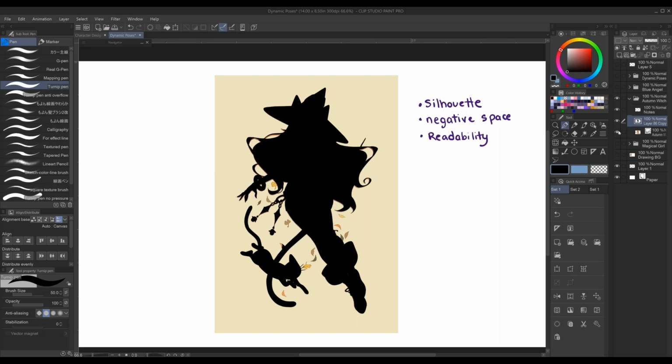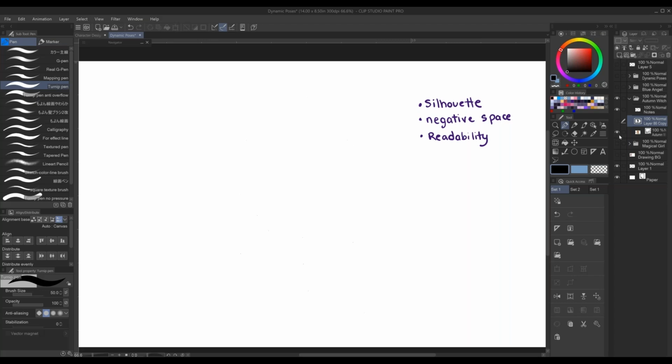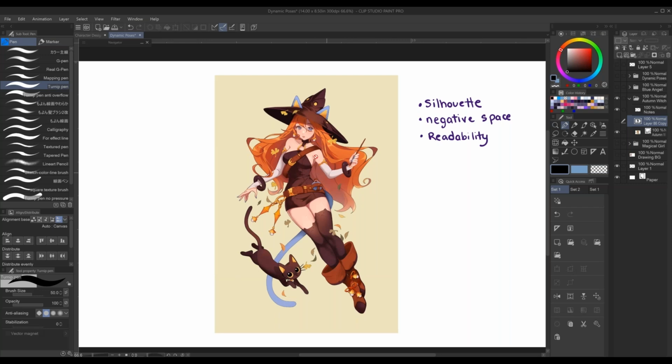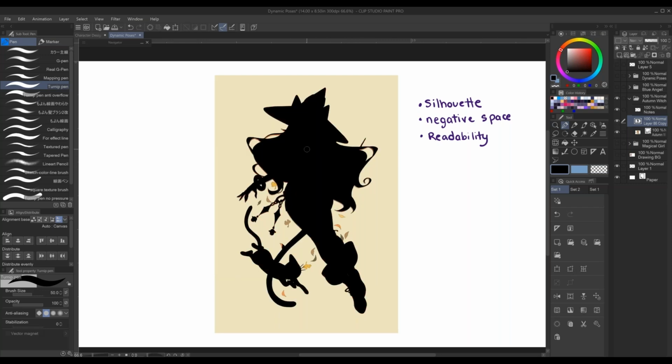So here's how the silhouette looks. I can even take this away, and now we can see how it looks without any of the detail. And I would say that in terms of reading this silhouette, it's 80% there. I do have some gripes with how her hand is completely hidden by her hair in the silhouette, so you can't see that other one.